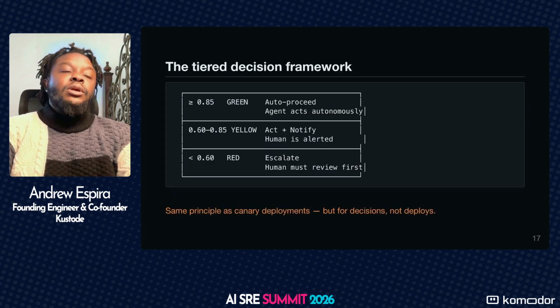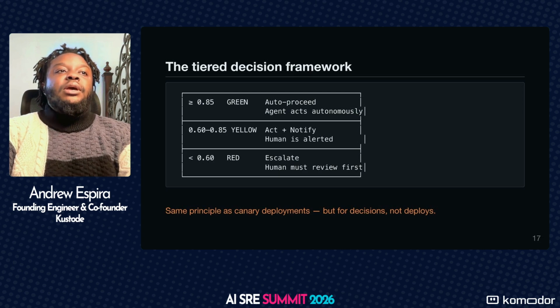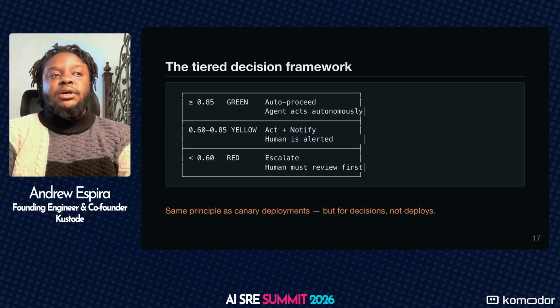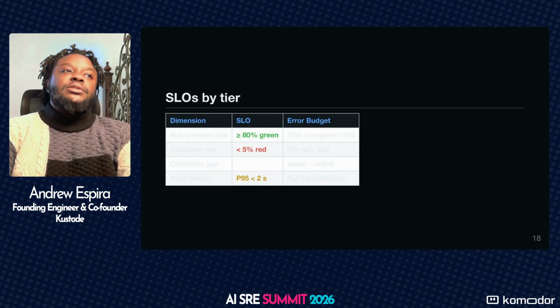And then we have the tiered precision framework, where an agent acts autonomously, but then that agent is being monitored by another agent, like a watchdog, that validates the first agent's responses, and if it validates to a certain level, it creates an alert that escalates to a human being to give the final decision.